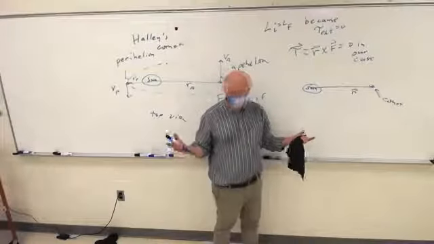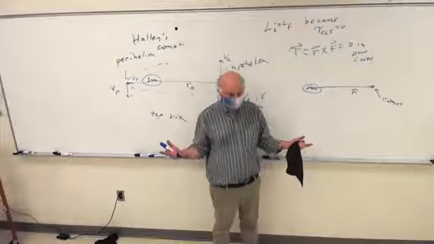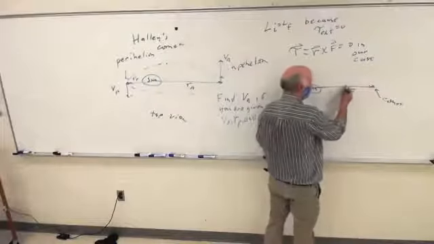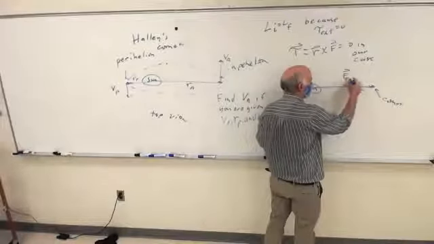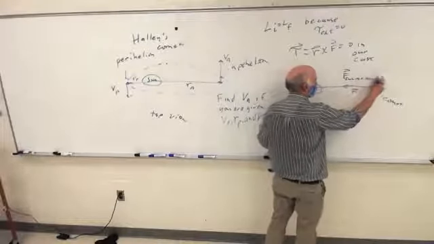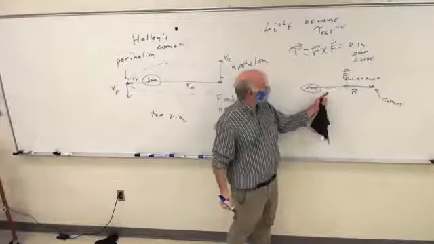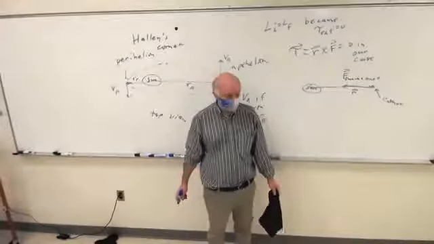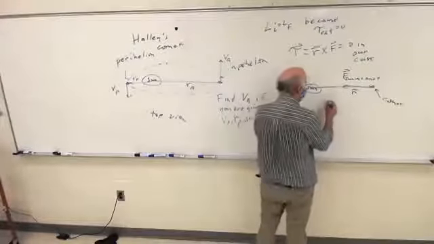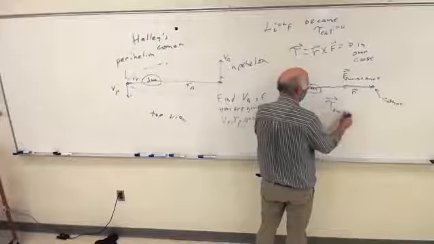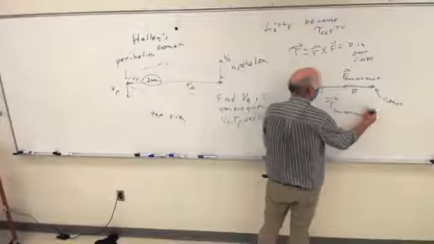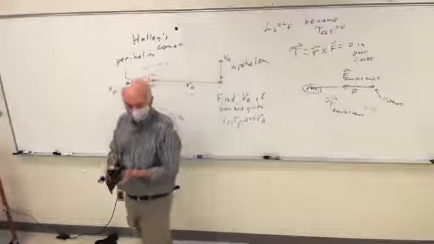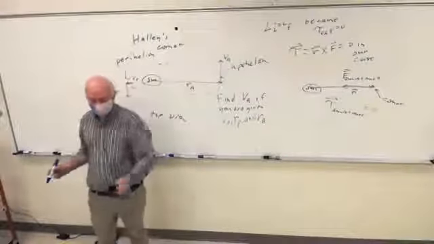Now, how does the force of gravity always look? It's directed along the line connecting the two. So the force of gravity is like this, the force that the sun exerts on the comet. If you have two things that are anti-parallel, what's the torque? This would be 0. So the torque of the sun on the comet is 0. Therefore, you can say that L initial equals L final. Does that make sense?